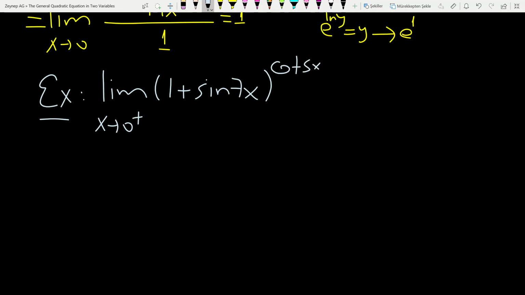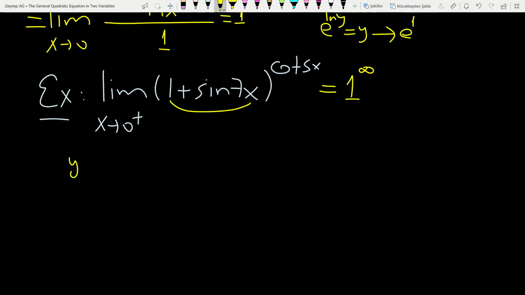If you look at this expression, you see that the inside of the parentheses goes to 1, since sine goes to 0. So you have 1 to the power, and cotangent 5x goes to infinity. So you have infinity in the power, and you have a 1 to the power infinity type 3 indeterminate case.